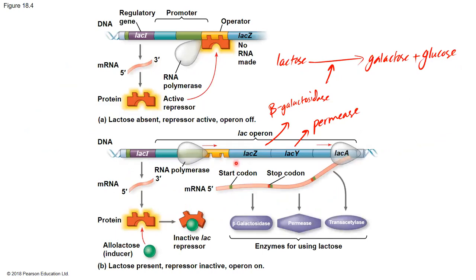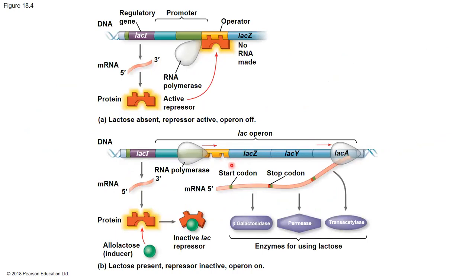Now, the default state or the normal state of this operon is to be off, so that its transcription is turned off. So we have a regulatory gene called LAC-I.